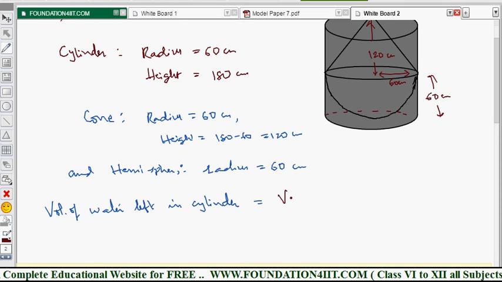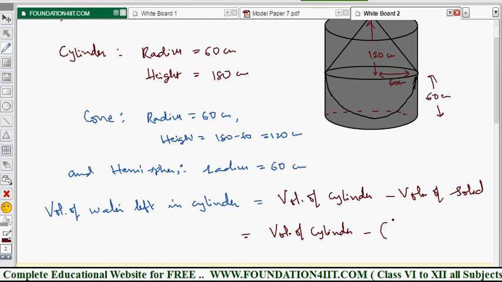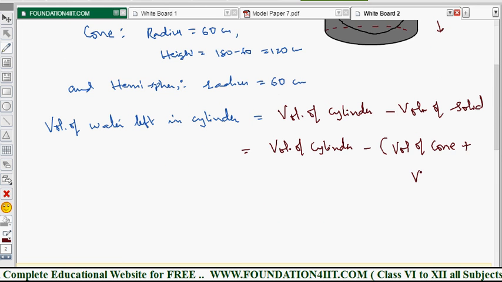So that is the volume of the cylinder, from which you should subtract the volume of the solid. The volume of the solid is nothing but the combination of both: the volume of the cone plus the volume of the hemisphere. So from the volume of this cylinder you should subtract the sum of both, that is the volume of the cone plus the volume of the hemisphere. Both will be added and subtracted from this total.